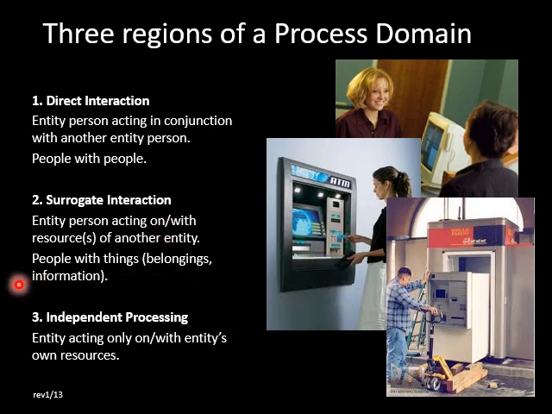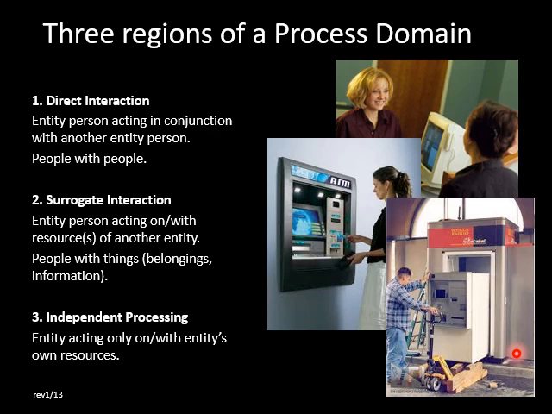And then finally there is independent processing, which is when the entity is acting only with the entity's own resources. So here is an individual servicing or installing an ATM machine. The ATM machine is owned by the bank. That is completely independent. There is no customer interaction there.